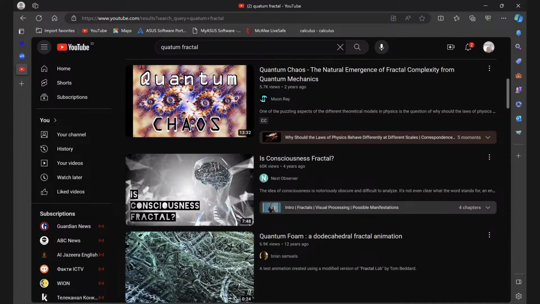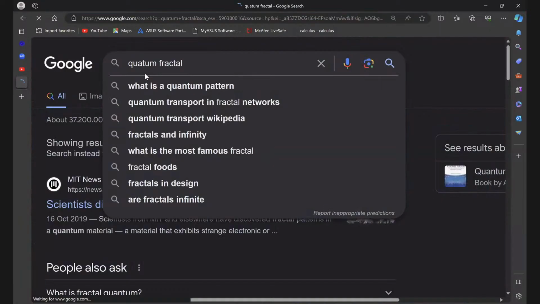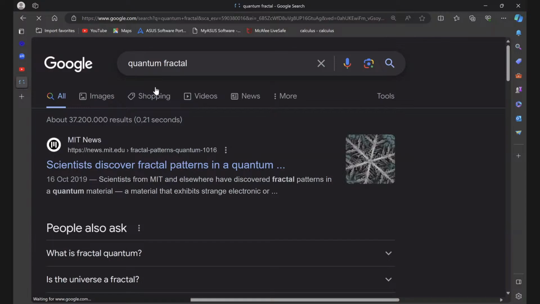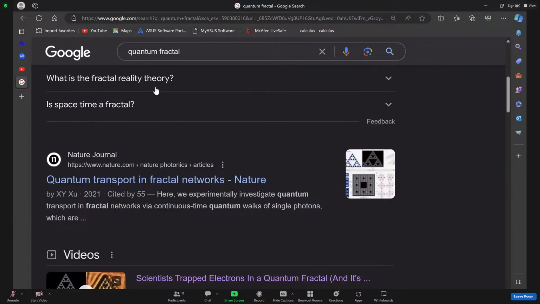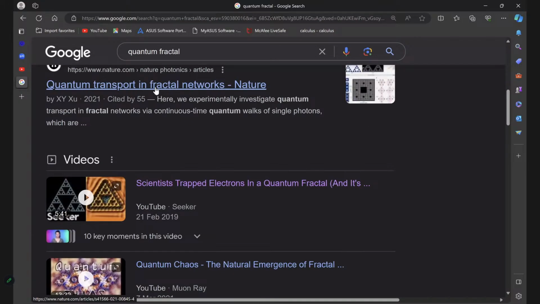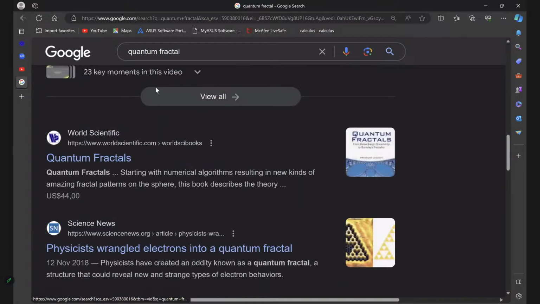Sorry, quantum fractal. Yeah, at quantum level, so that's quantum fractal. Yeah, probably. So yes, if it is at quantum level, then it's quantum fractal.